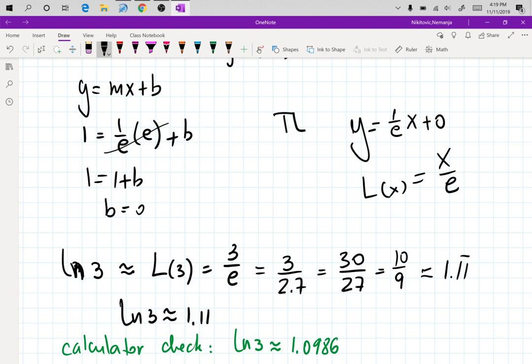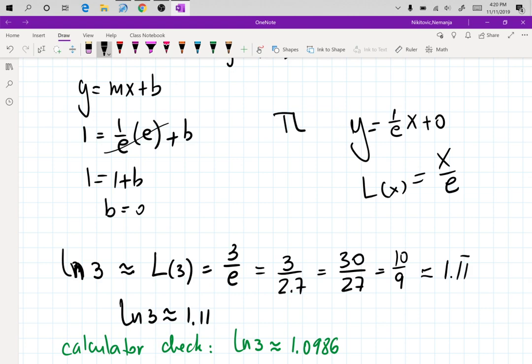So m is 1 over e, and we can just call that x over e plus 0. We don't have to write it. So the linear line over here will just be x over e. And we plug in our number 3 for x. So instead of computing ln of 3, we compute L of 3, which is the linearization, and we get the value. And as you can see, it's very close.